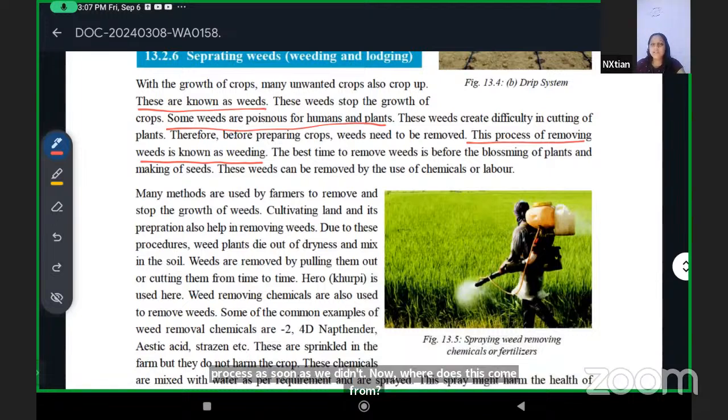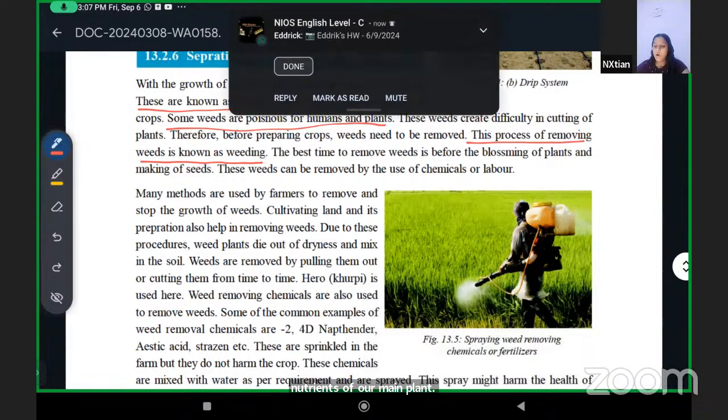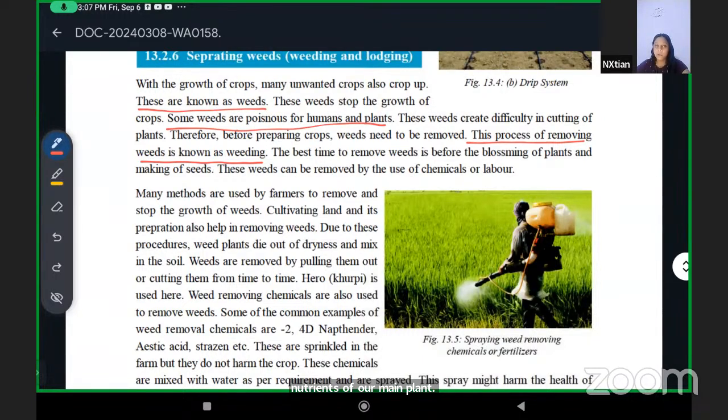Sometimes we know about seed dispersal, right? We talked about it. Seeds are dispersed through air or through insects, mainly through air, and then they fall at certain places. They may fall in our field, and with those seeds, unwanted plants start to grow in our field and try to absorb the nutrients of our crop.